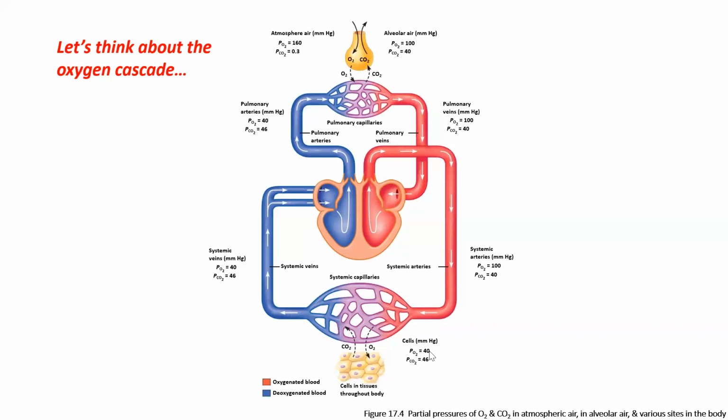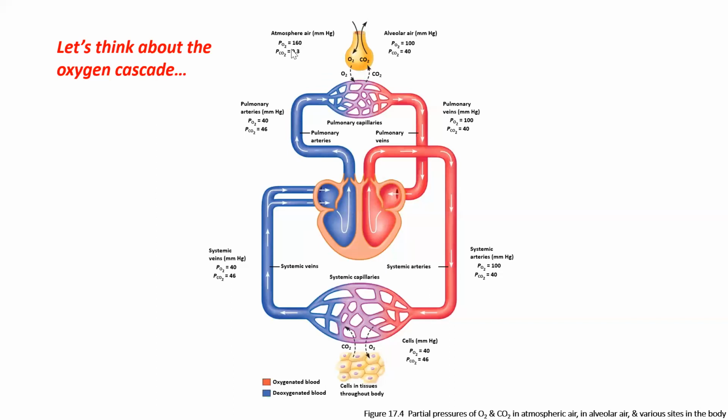And so that is a gradient that drives oxygen from the atmosphere all the way down into our cells and tissues. And we can think about it even further across the mitochondria, all the way into the electron transport chain, where it can be used for oxidative phosphorylation, okay? If we think about CO2 and the partial pressure of CO2, we also have a change.